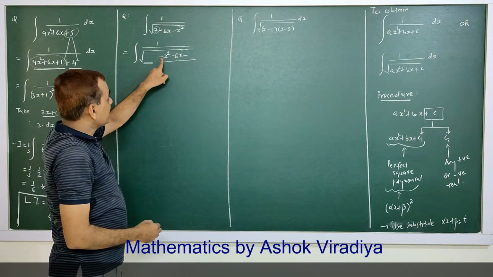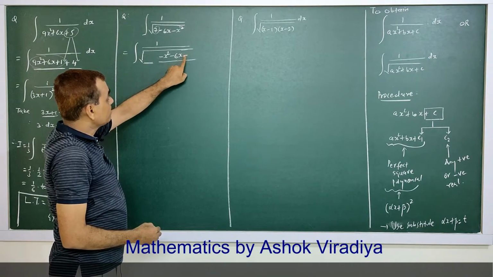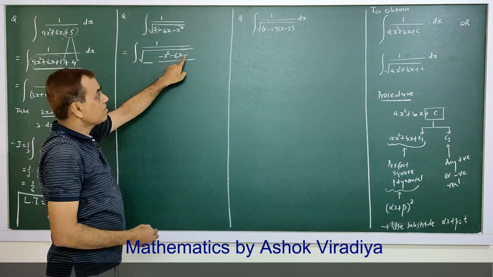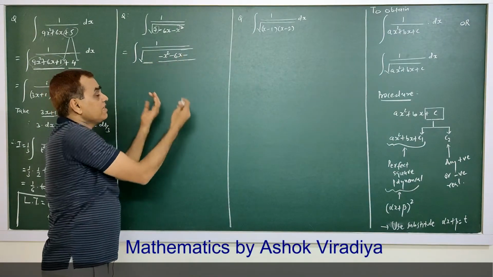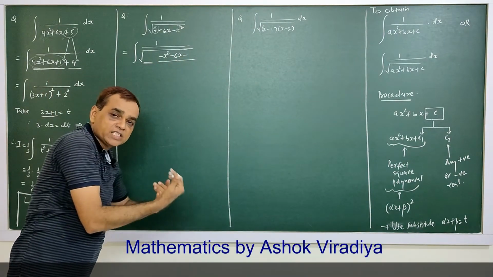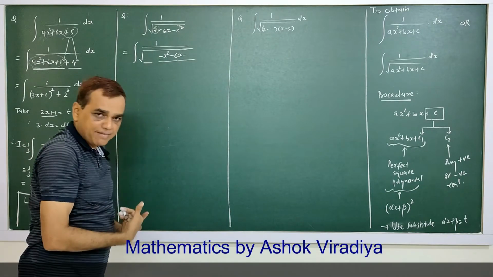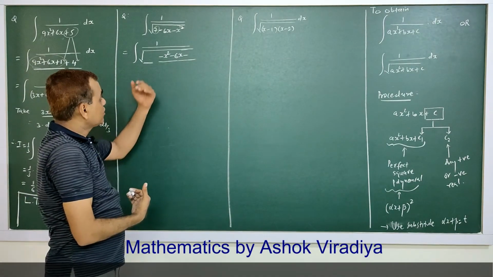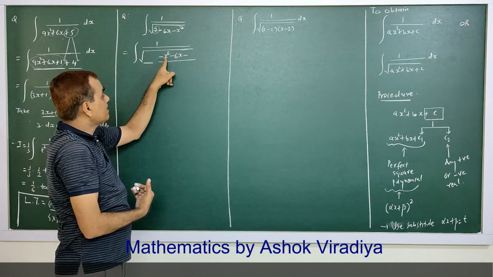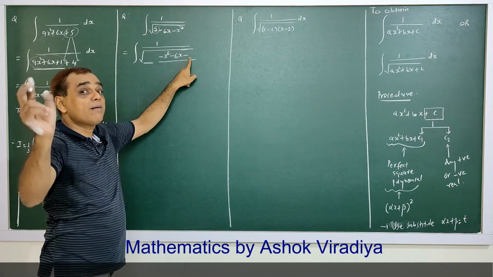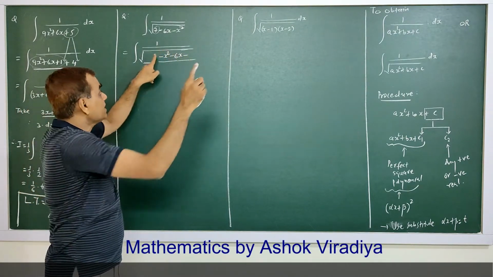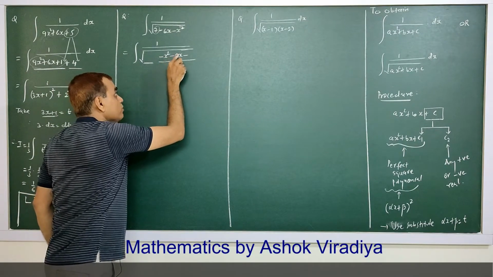If x square is negative, the last term should always be negative, because we will take minus common in the next step. Taking minus common, this will be positive and the last term should also be positive. So to make both positive, if x square is negative, set negative here.